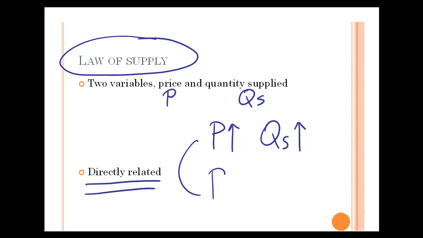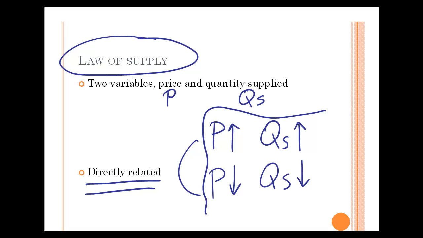Similarly, as the price of a good goes down, the quantity supplied of that good goes down. So the law of supply, which is right here in terms of what I'm circling right now, is stating a relationship, specifically a direct relationship between price and quantity supplied.